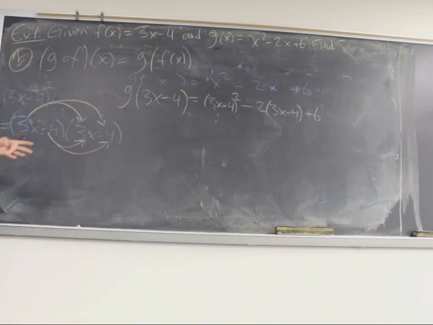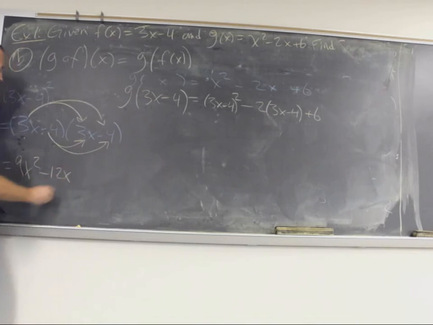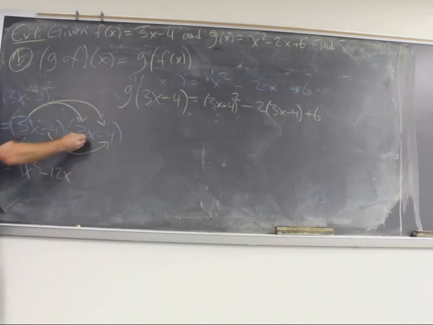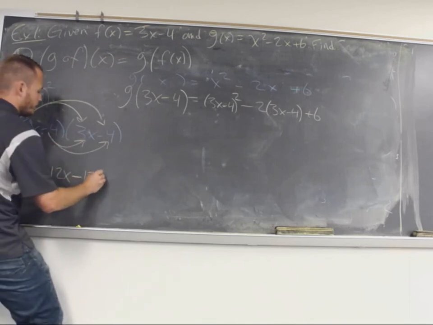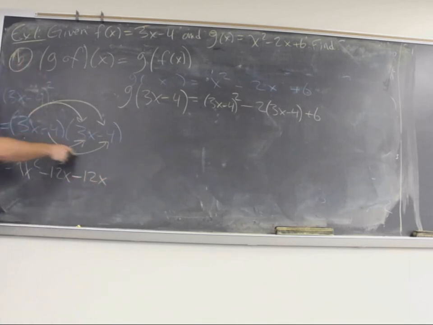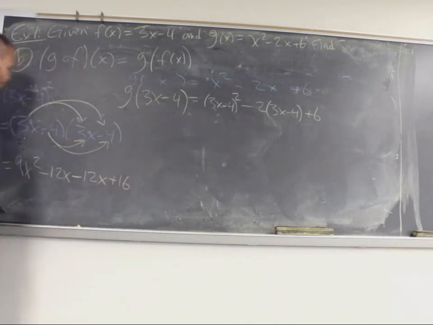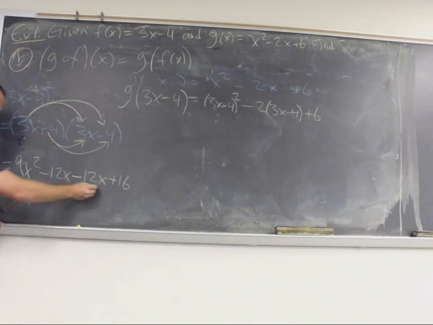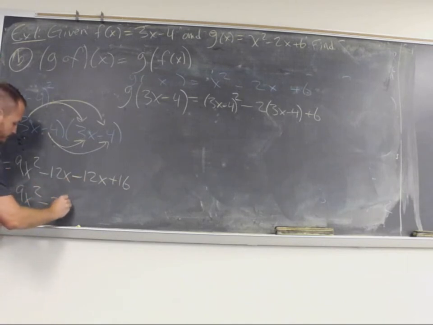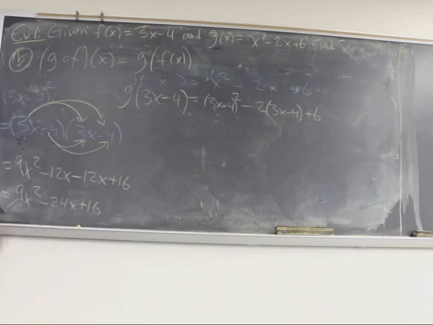So it's 4 multiplications. 3x times 3x is 9x squared. 3x times negative 4 is minus 12x. Then we're done with this 3x, so we move on to this term. Minus 4 times 3x is minus 12x. Minus 4 times minus 4 is plus 16. That's equal to, combining like terms, 9x squared minus 24x plus 16.